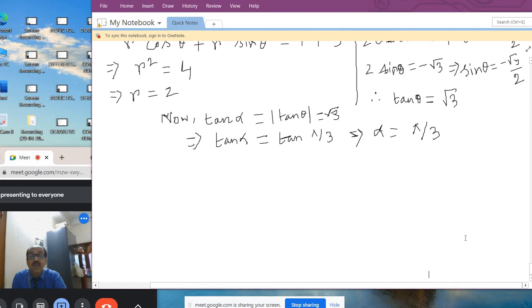Now this sin theta is minus and cos theta also minus. And z is equal to -1 minus i root 3. So theta lies in which quadrant?